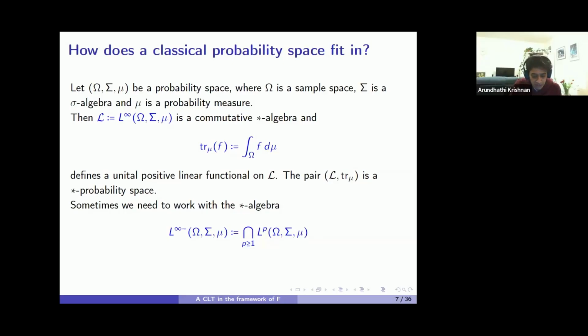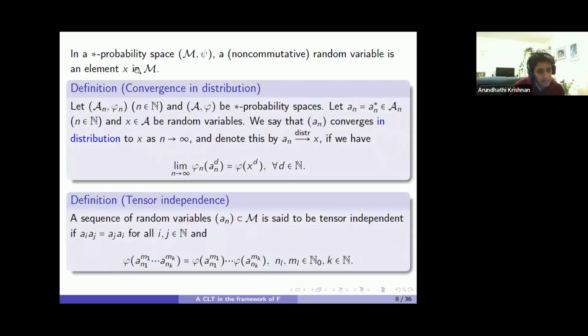And the next notion that we want to generalize is the notion of a random variable. We usually think of a random variable as some real valued measurable function on the sample set with respect to the sigma algebra. So in a star probability space, which is the pair M psi, a non-commutative random variable is just an element of that star algebra.